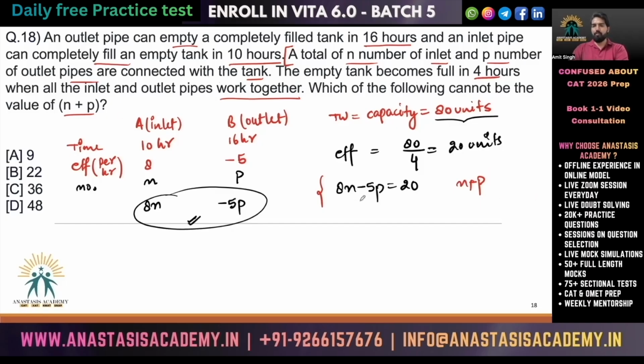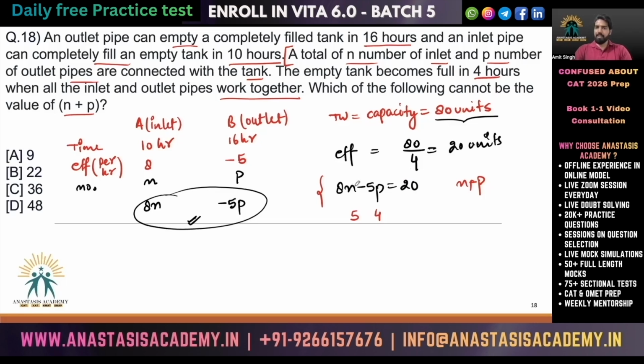Okay, so the first solution for this equation would be, if I add 5, 10, or if I add 20, I can divide it by 8. So if p is equal to 4, 20 gets added, it becomes 40.